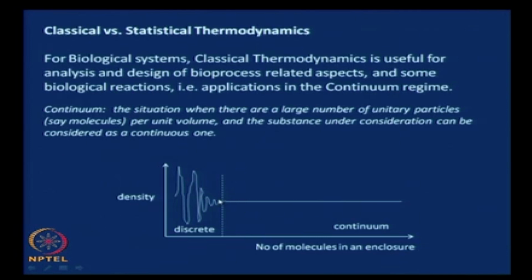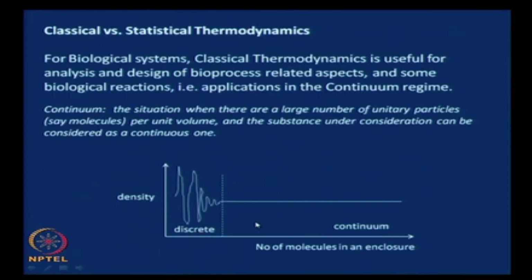After a certain point, because the number of molecules per unit volume has gone down significantly, if you take a reasonable volume the number of molecules keeps on changing, then the density will start fluctuating, and as you go lower and lower the fluctuations will become higher and higher. This becomes a discrete case, versus a continuum case.